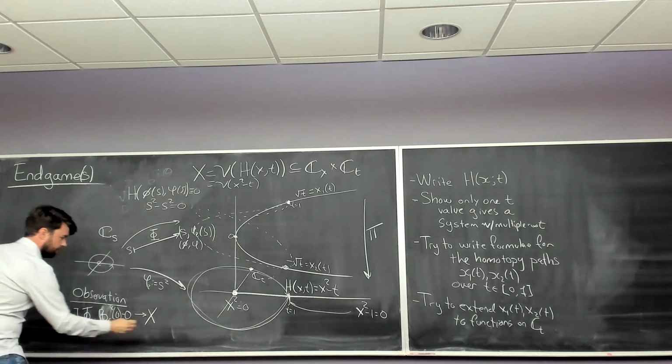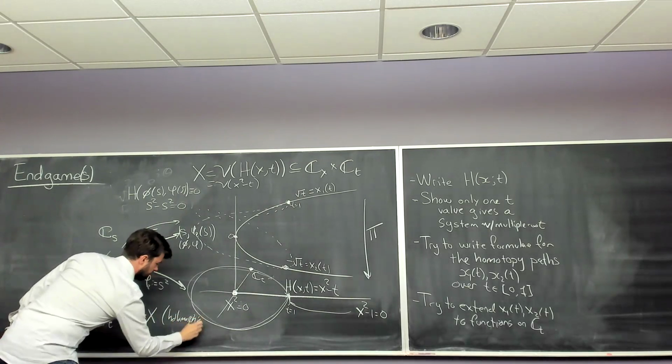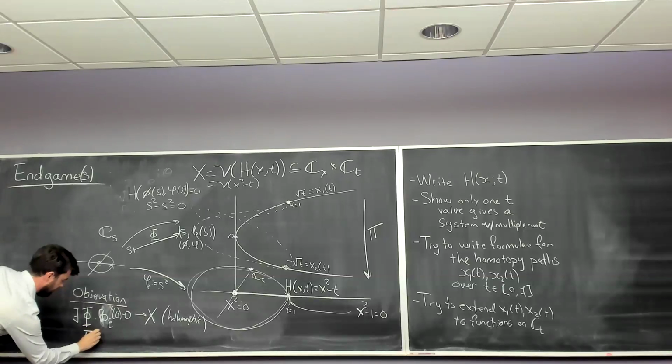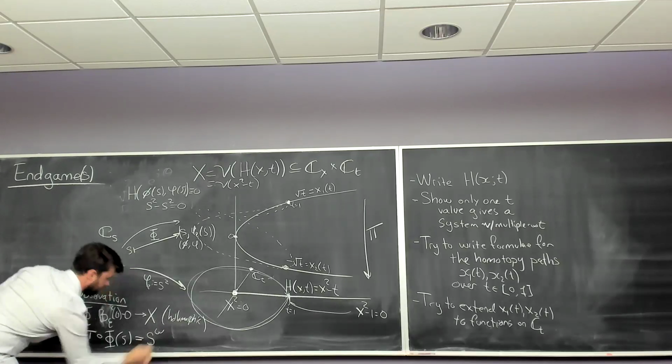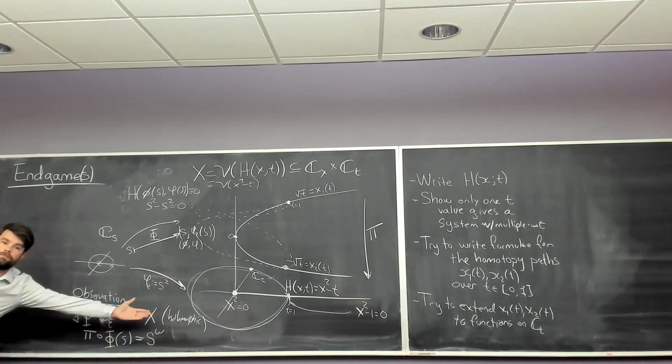It's holomorphic. I'll explain why this exists in a little bit. And if I then project, I get some power map, s to a power. In this case, this W is 2.